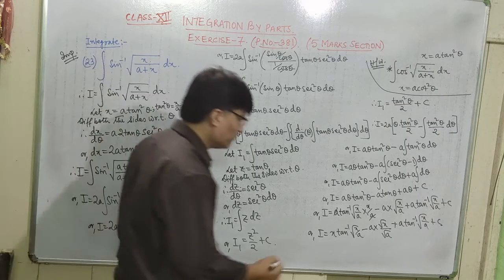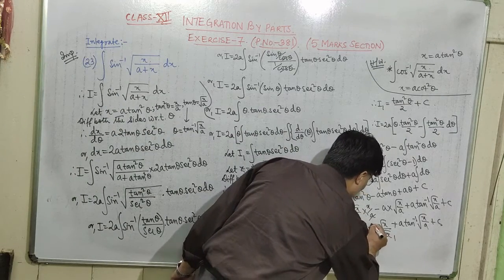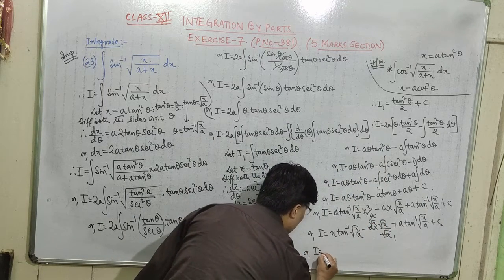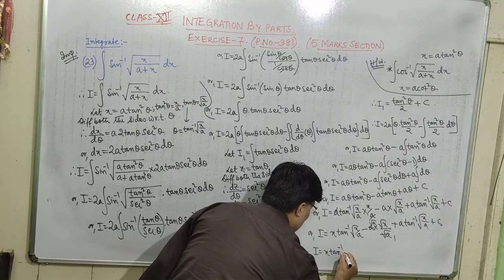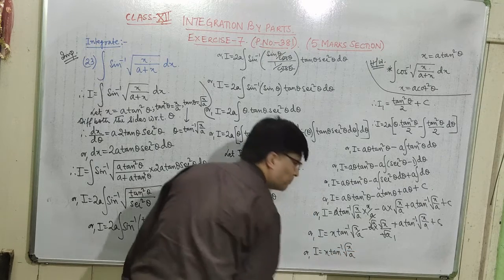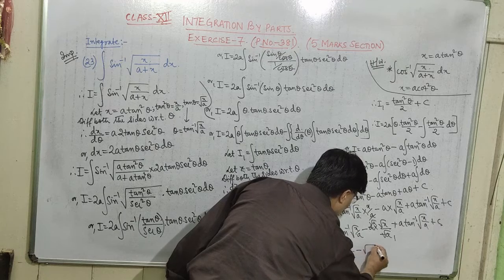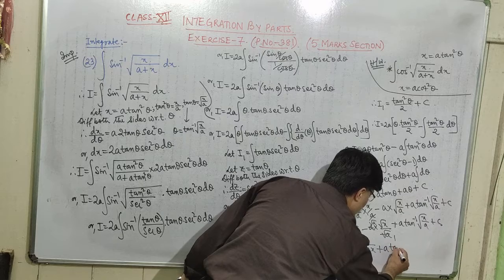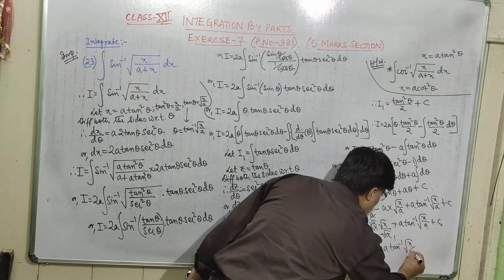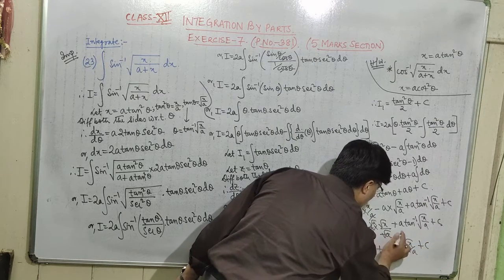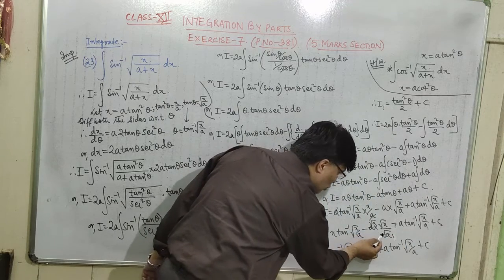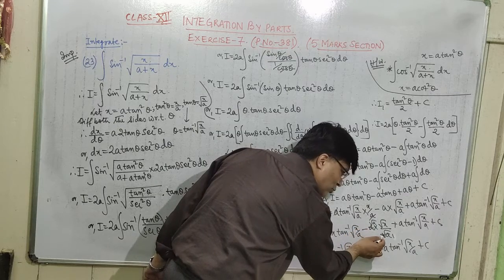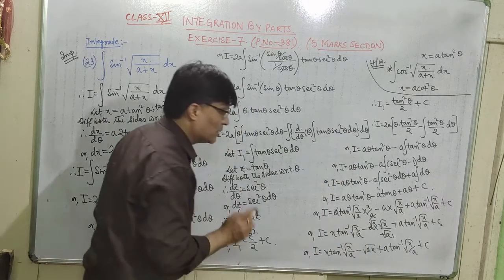Next, what will you do? This root a and a will be cancelled, that is, it goes root over a times. So the final answer is I is equal to x tan inverse root over x by a minus root over ax, plus a tan inverse root over x upon a plus c. So root a ones are root a, and this a is divided by root a, so it goes root over a times, right.